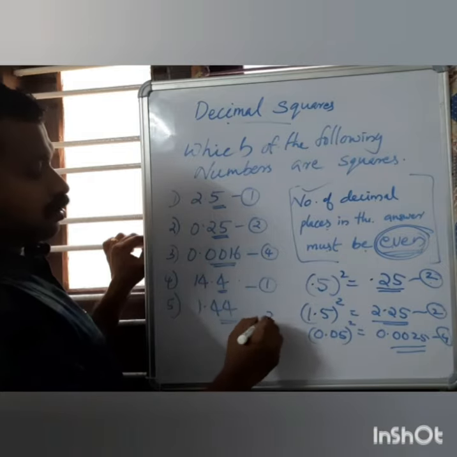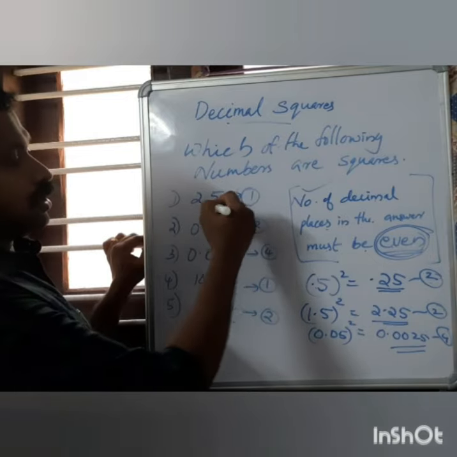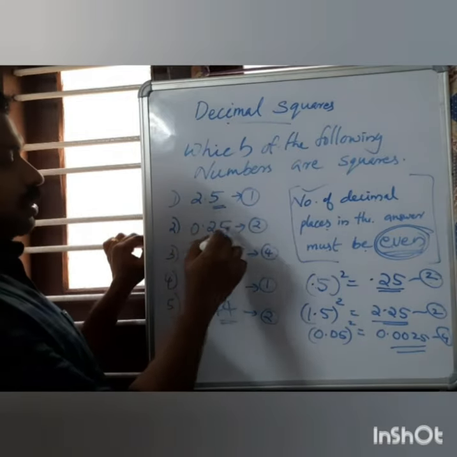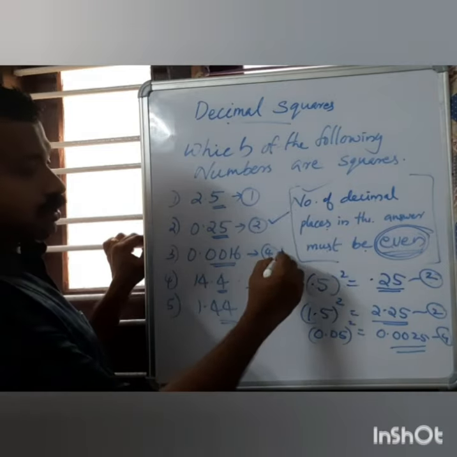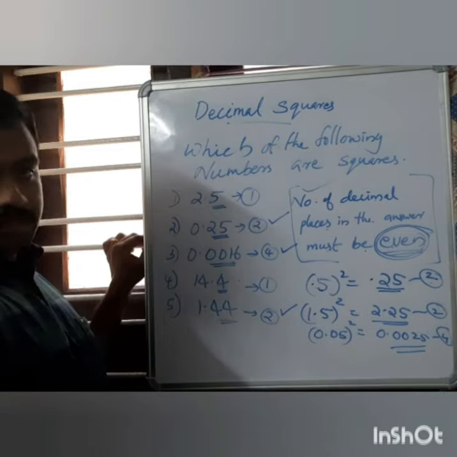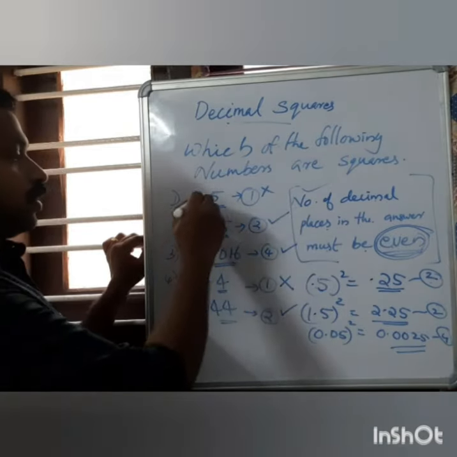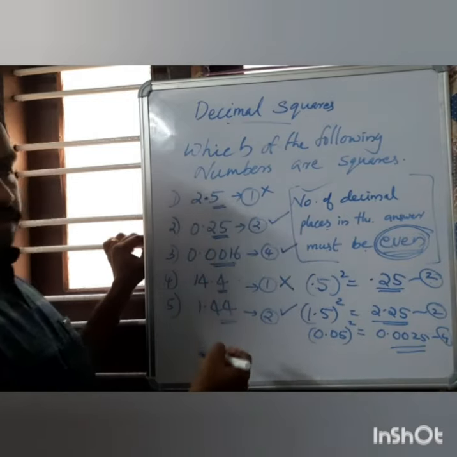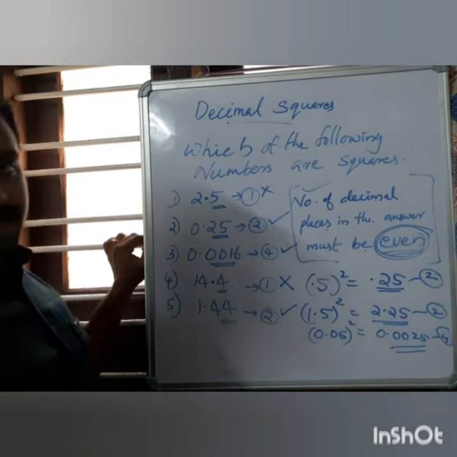Here 2 decimal places. So easily you can find out if the decimal places are even, this is a square of a particular number. This is a square of a particular number, and this is also a square of a particular number. And this is not a square of any number. 2.5 is not a square of any number, and 14.4 is not a square of any number.